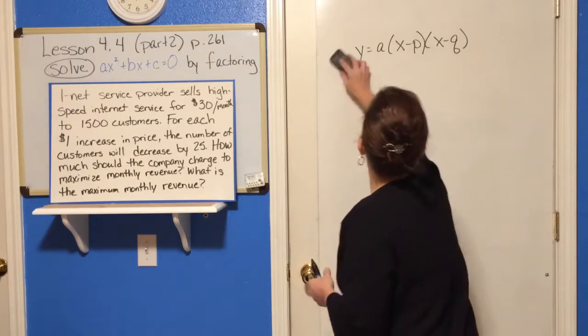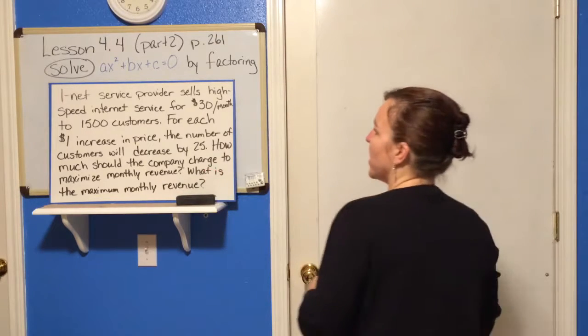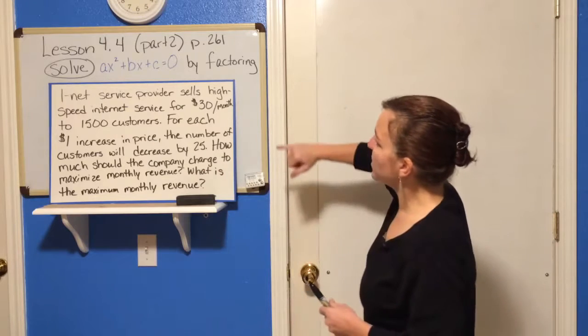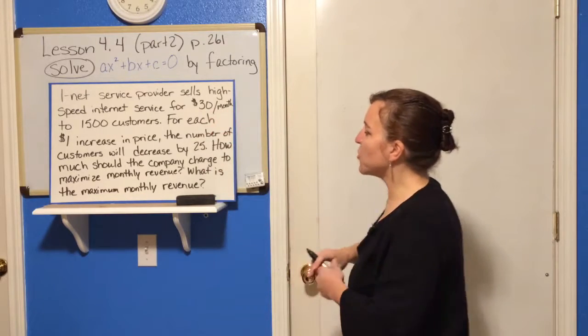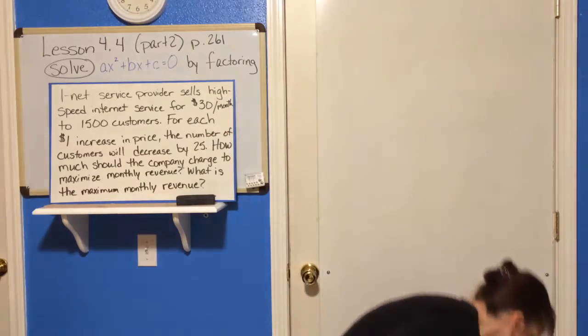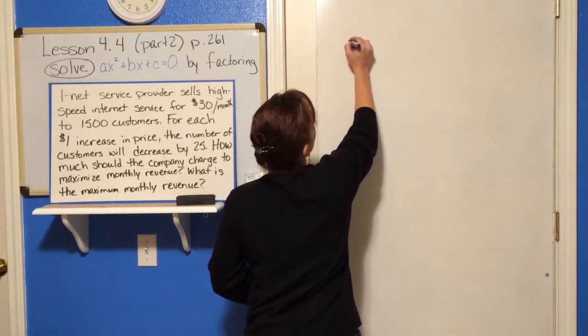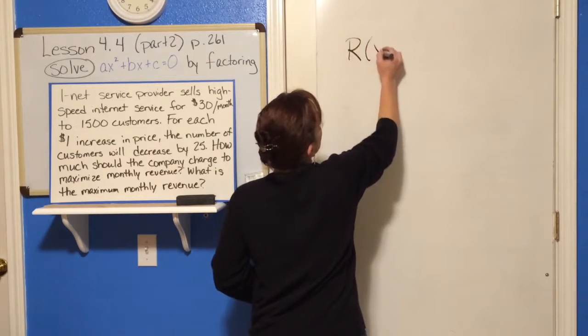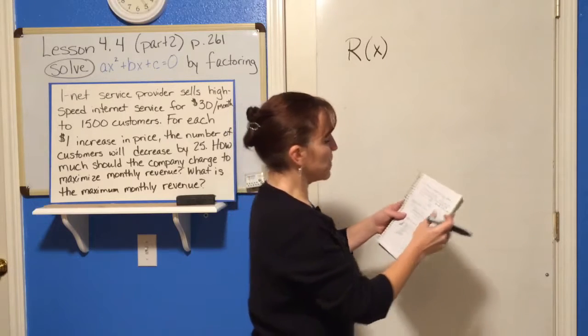So what we're going to do is multiply the $30 a month by the 1,500 customers to get our total revenue. We're going to call it a revenue function.